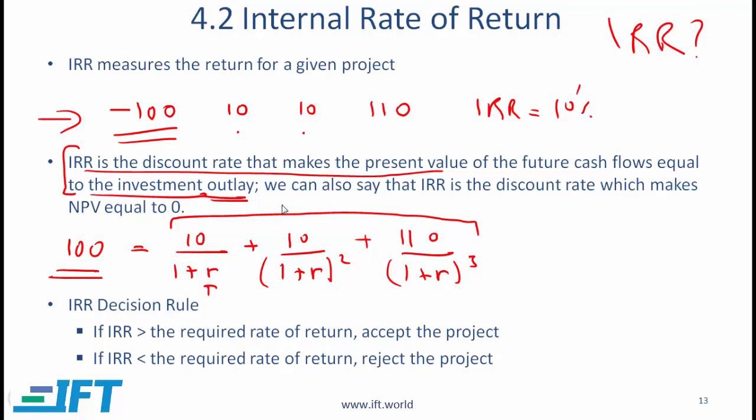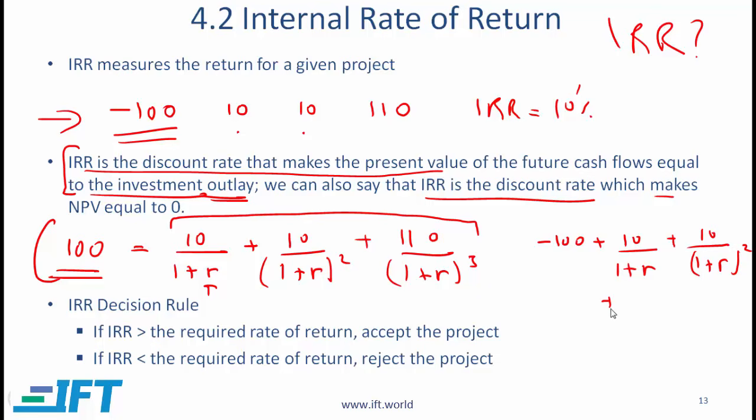Another way of expressing this statement is to say that IRR is the discount rate which makes NPV equal to 0. Notice that what I wrote here could also be written as follows: minus 100 plus 10 over 1 plus R plus 10 over 1 plus R squared plus 110 over 1 plus R cubed, and all this is equal to 0.